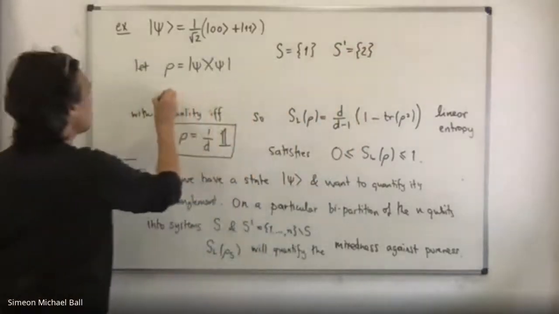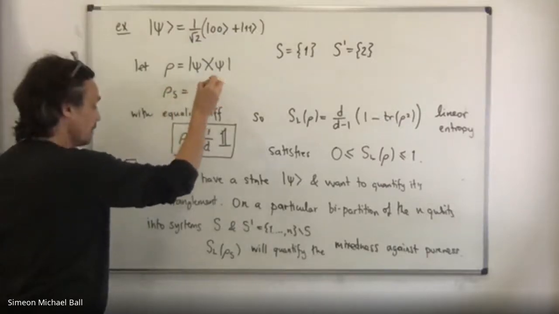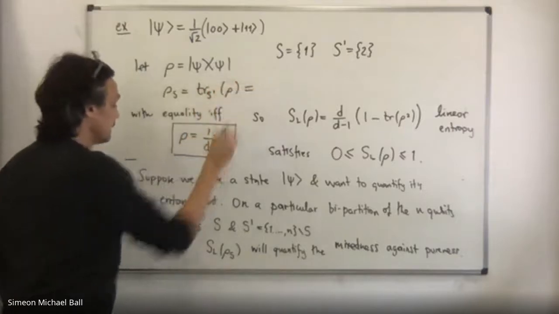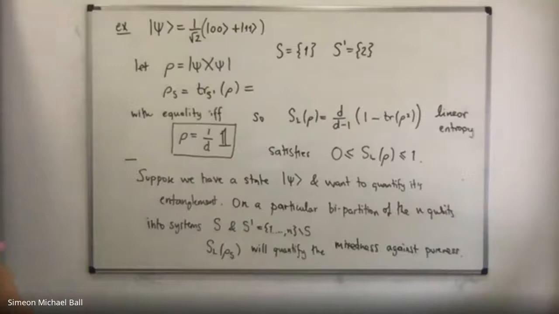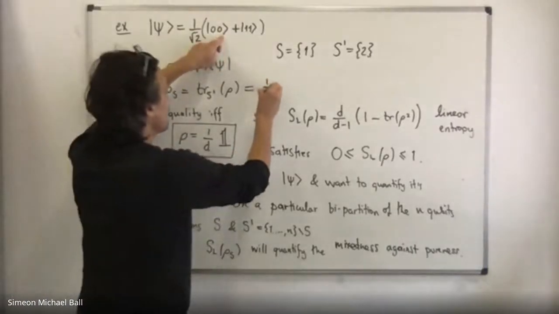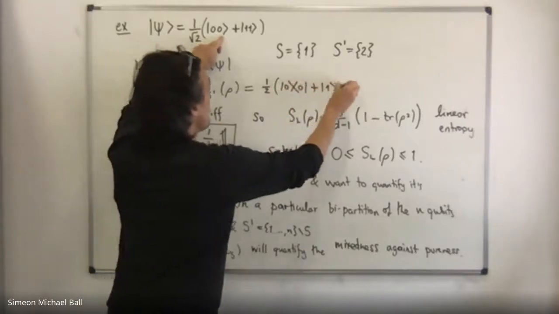And if we now calculate rho_S, which is going to be tracing over S prime of rho, we get 1/2 (|0><0| + |1><1|).